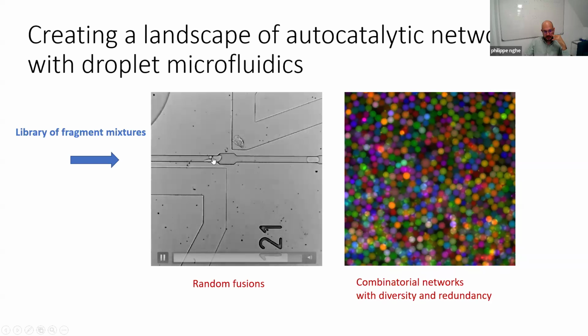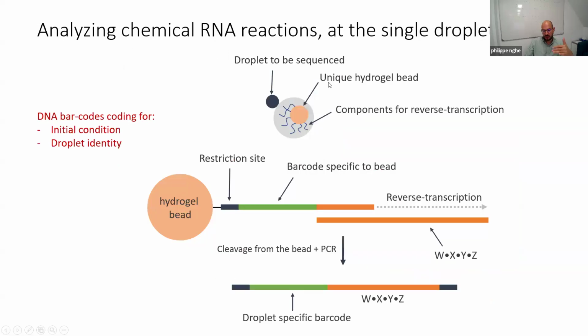And you fuse different mixtures of RNA to a big leader droplet, and the big leader droplet here contains the magnesium and all the buffer for the reaction to occur. So you create a high diversity of objects like this, and you can use techniques from single-cell sequencing that were developed 10 years ago to sequence the content of every single droplet.